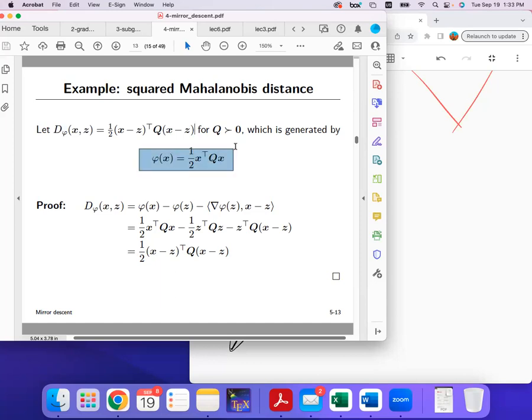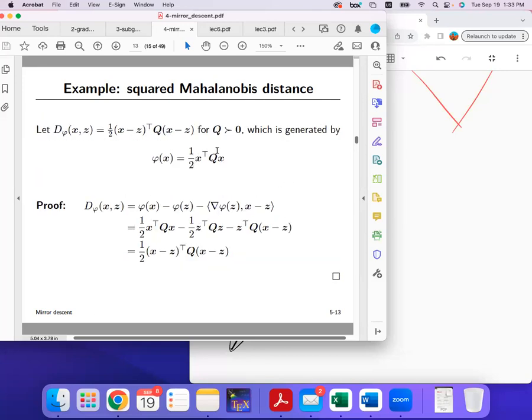We pick this quadratic phi and plug it into the Bregman divergence formula. You can show this is the proof. Now you have this phi, plug it in one by one. You can check, in the end, you get that distance. So if you choose this phi, you get this distance.